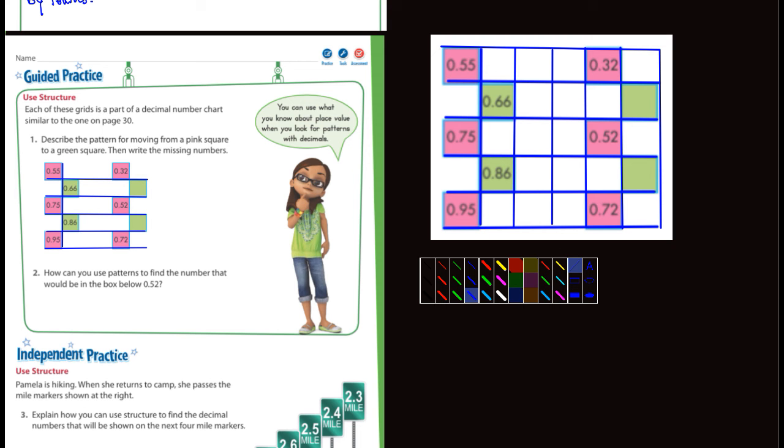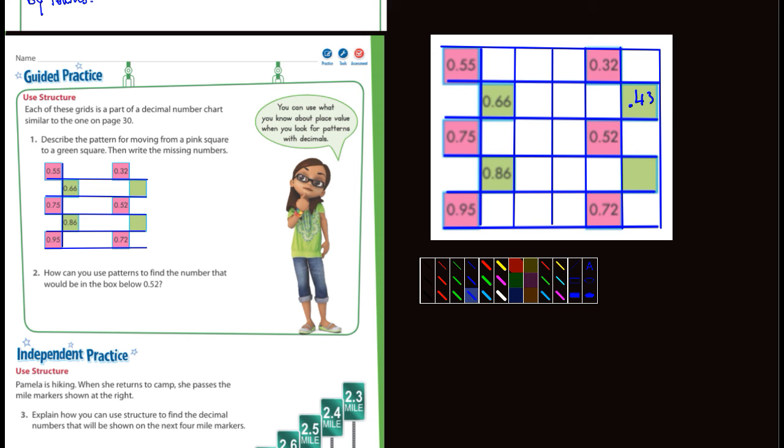Boy, I'm tempted not to fill any of this out to see if you could figure this out. Let's see here. I'll tell you what this one is. 0.43.